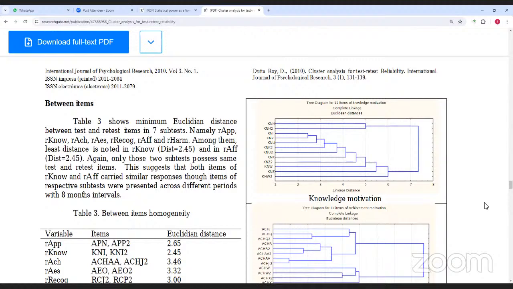So if you find item-wise that the test item and the retest item are very close to each other, then you can suggest that your questionnaire has good test and retest reliability. Okay.